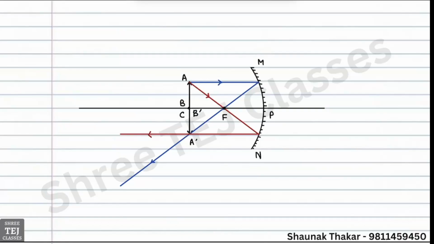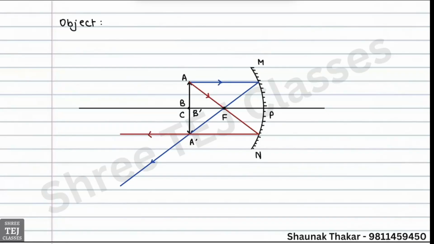Focus is not exactly in the middle of the pole and center of curvature. That is because of the curvature of the mirror. But experiments have concluded that when object is placed at center of curvature, image of the same size is obtained at the same point. So let us write details regarding this.